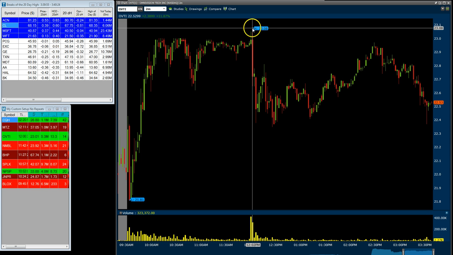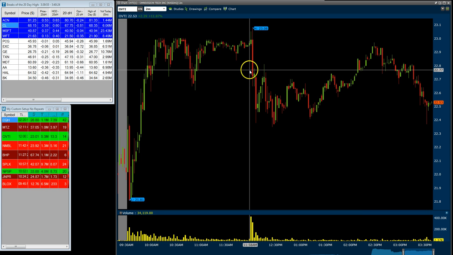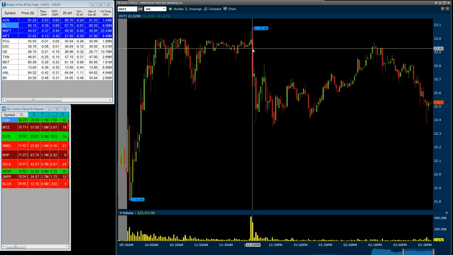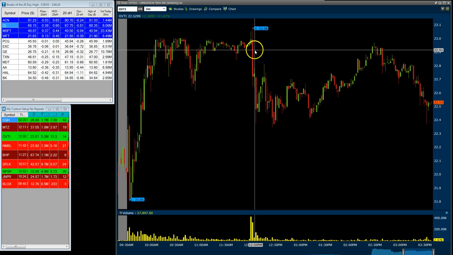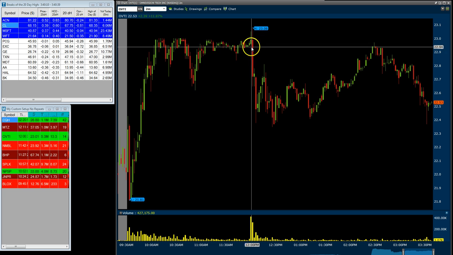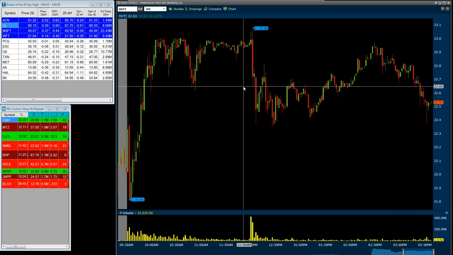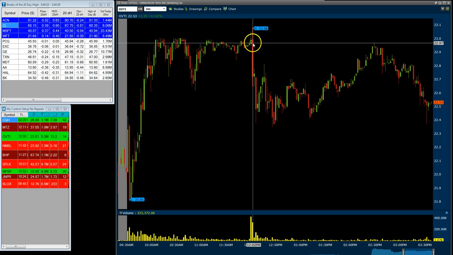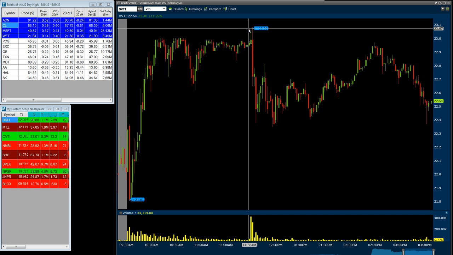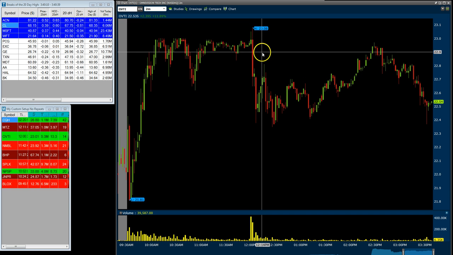And as I was typing that in, look what happened. Remember, this is a 2 minute candle, but in literally seconds it went from 23.08 down to 22.65. So I was just so lucky on this one, again, just like the one previous I was talking about, that I wasn't able to take this trade because it just collapsed.